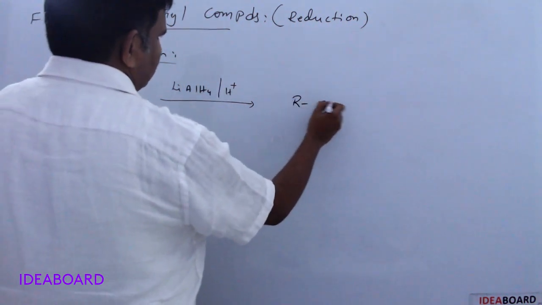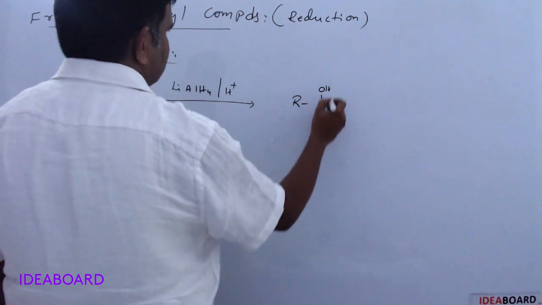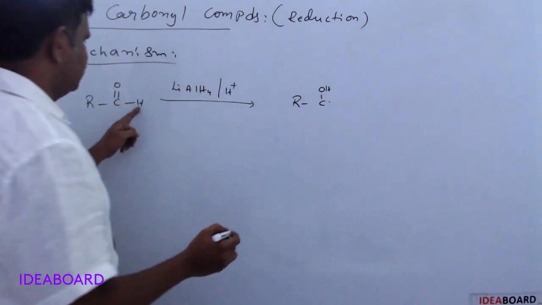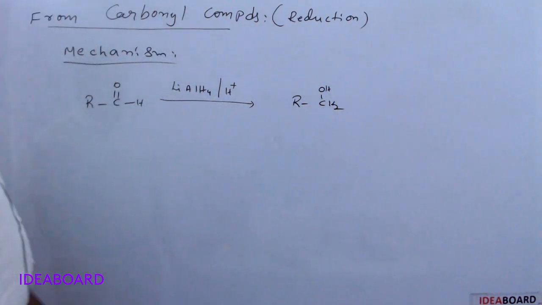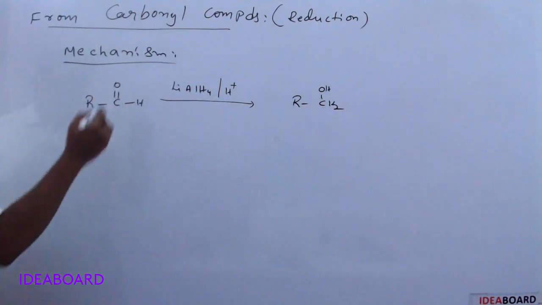So what is forming? RCH2OH, because one more hydrogen is added to the hydrogen already present. So how is this forming?